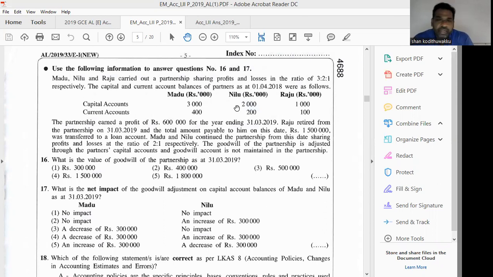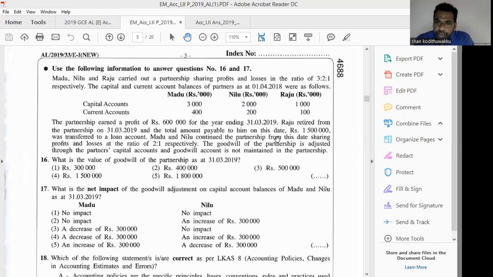But here we are not given the goodwill value calculated in the business just after the retirement of partner Raju. We are given the final amount: the total value payable to retired partner Raju is 1.5 million. It is given. That means they have already calculated the amount that goes to retired partner Raju.